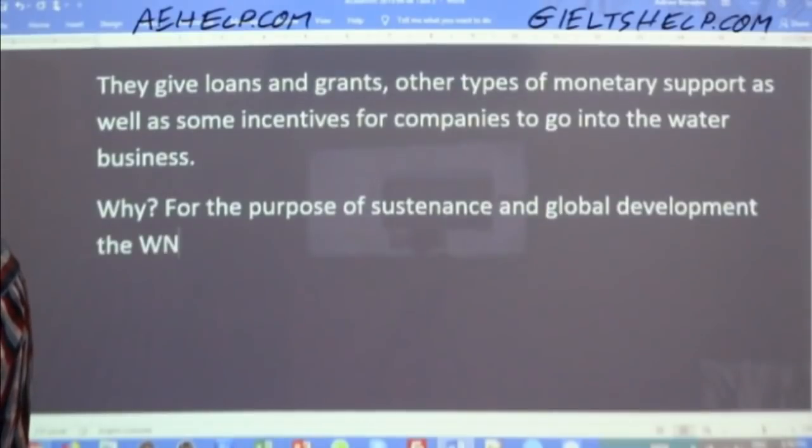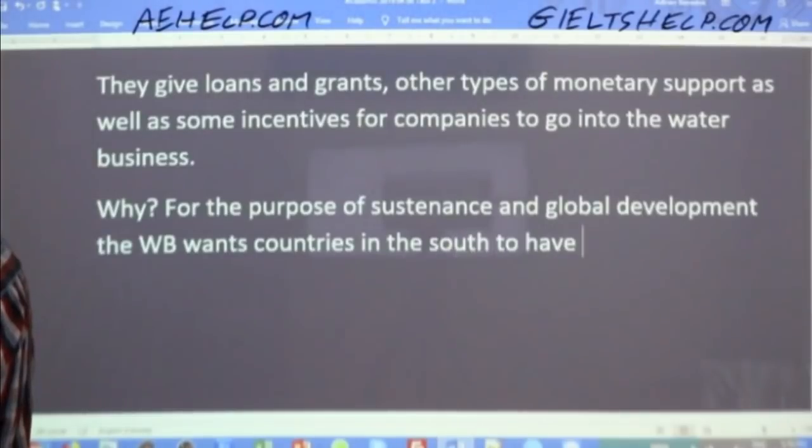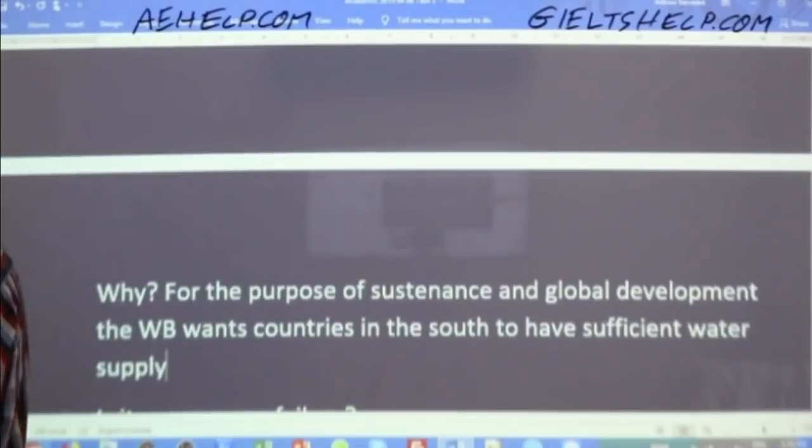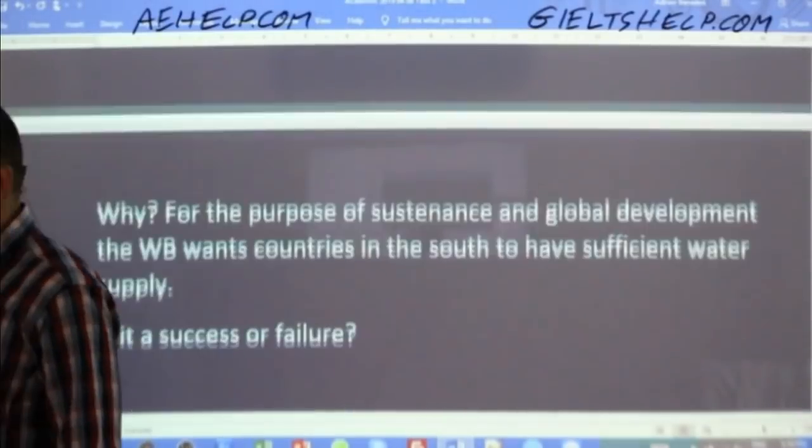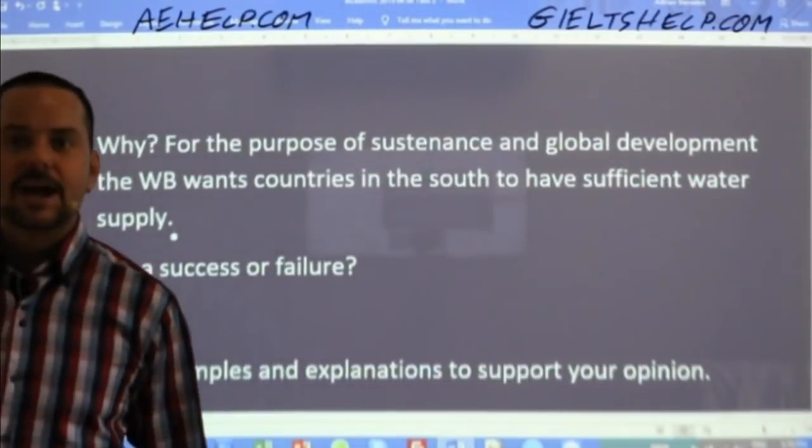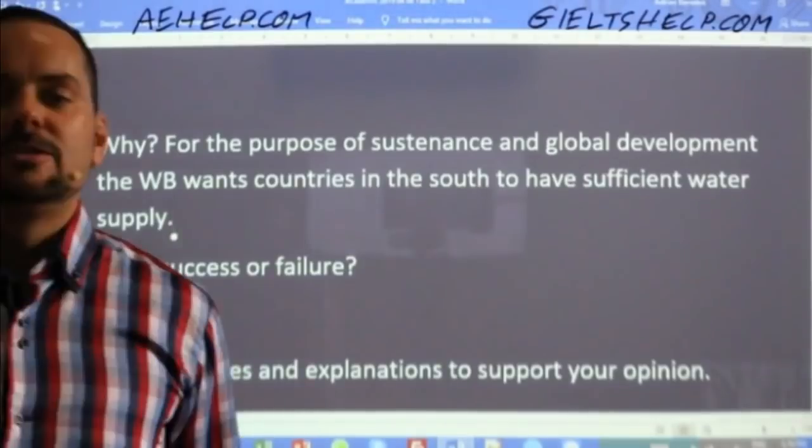The World Bank wants countries in the South to have sufficient water supply. Okay, good. So now we're starting to figure this out.